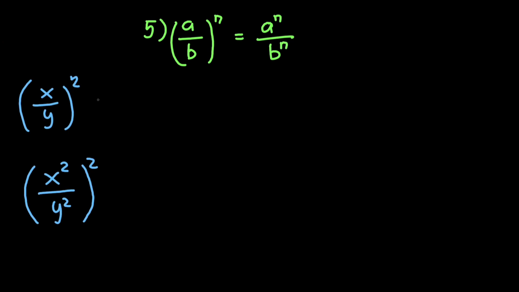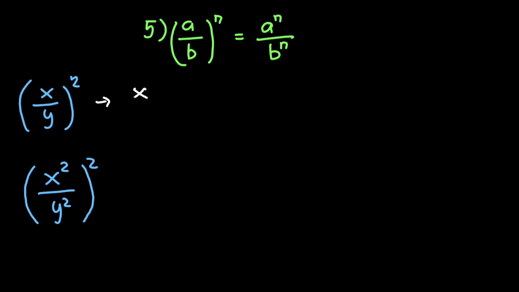Rule number 5 would be a over b all raised to the power of n would be a raised to the power of n over b raised to the power of n. Let's start with these examples. X over y all raised to the power of 2.